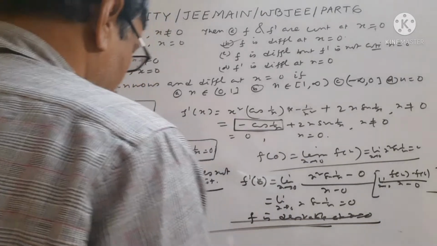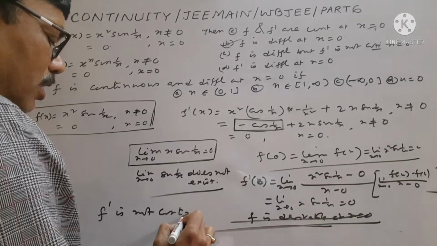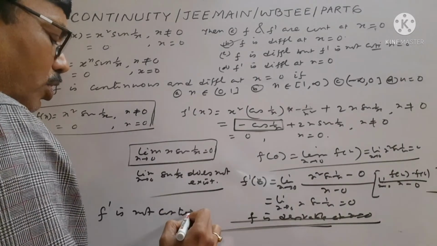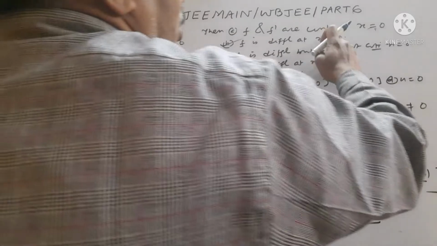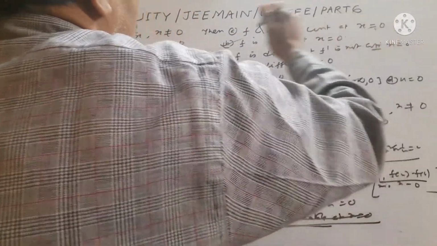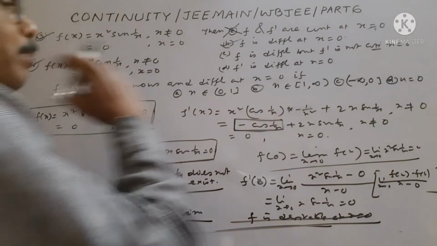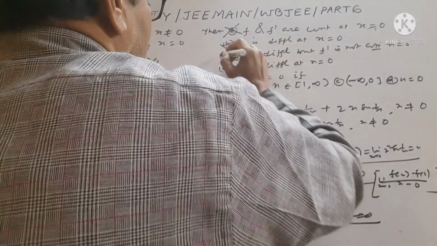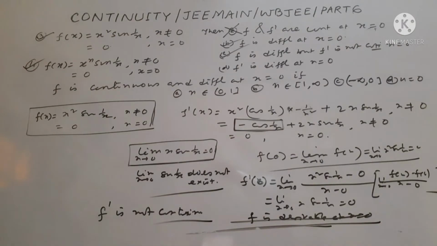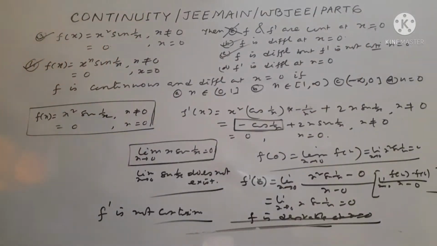So f' is not continuous. So here f is continuous, but f' is not continuous. So this option is not correct. f is differentiable, yes, and f' is not continuous. This is true.